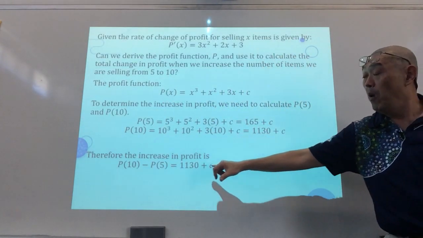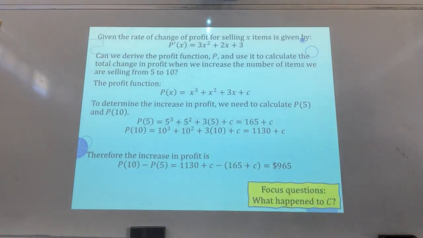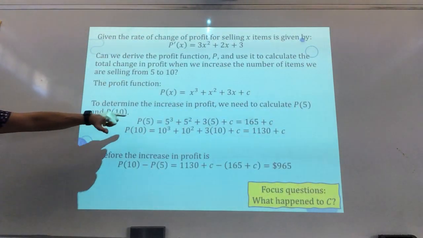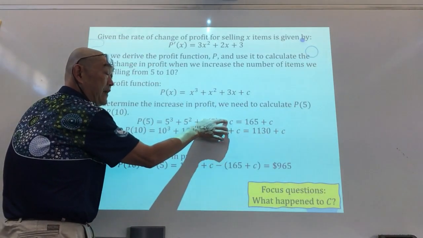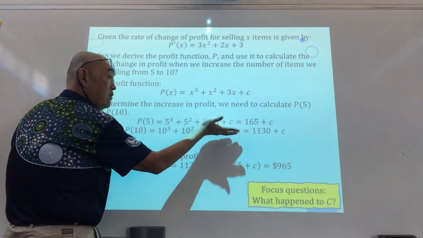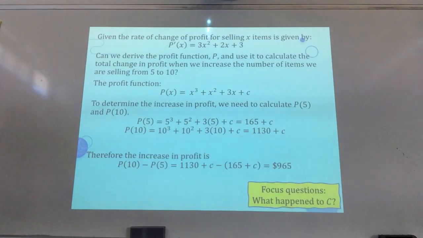Now, what happened to the C? The focus question now: is the C important in this case? C is not important because we are looking at the total change, the change from 5 to 10. Because this is fixed for both of them, it's like moving the whole thing up and down.